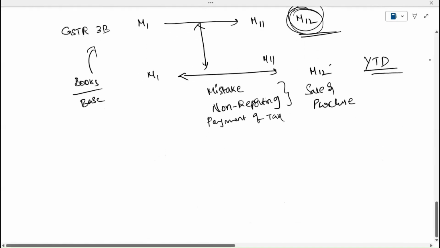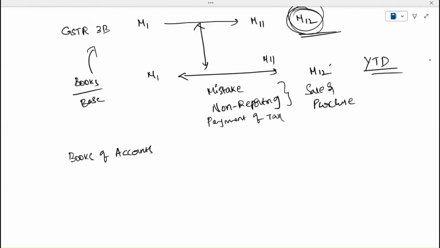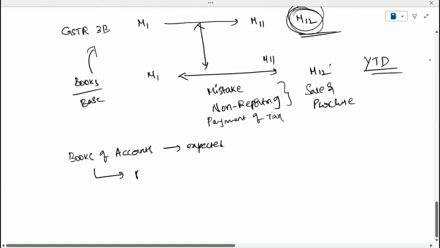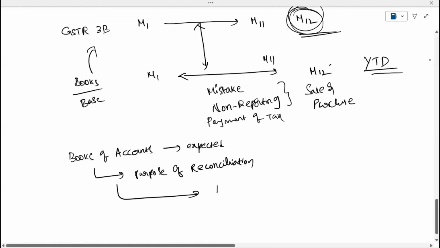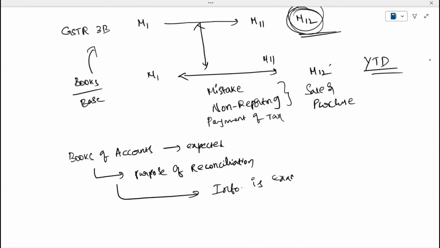So just to recap, we have understood books of accounts which are expected under GST. We have understood the purpose of reconciliation under section 64. And we have understood how this information is examined from financial statements. We have examined from P&L, balance sheet, notes to accounts.